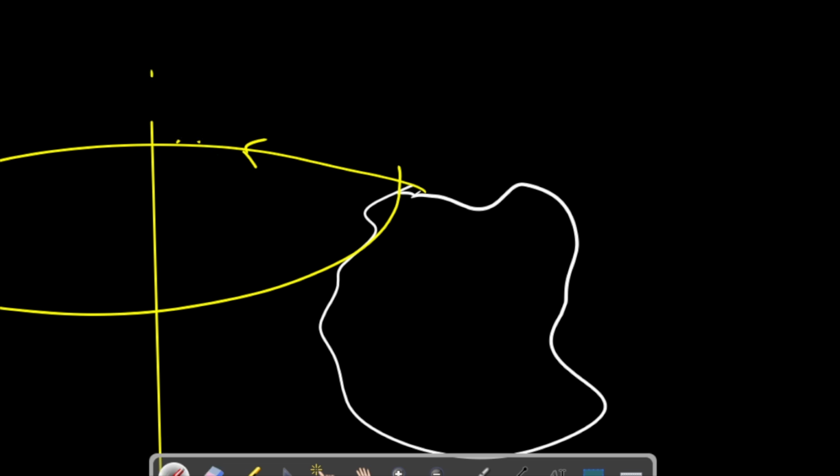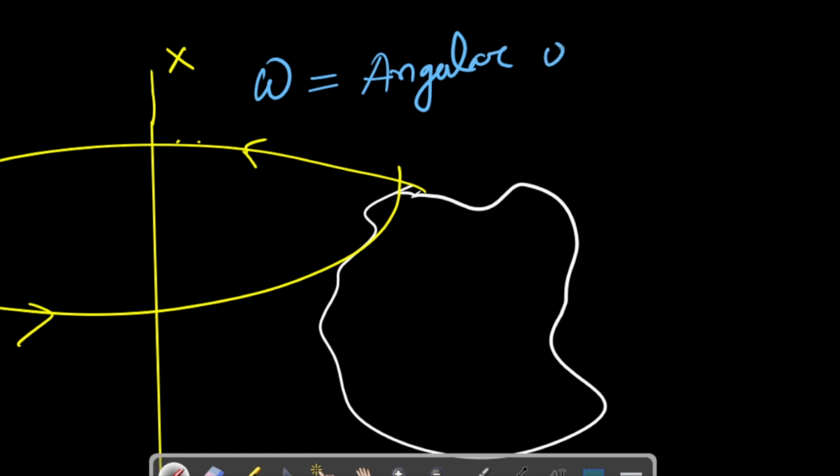This is the rotational axis x prime, and this is the rotational path, and omega represents the uniform angular velocity.